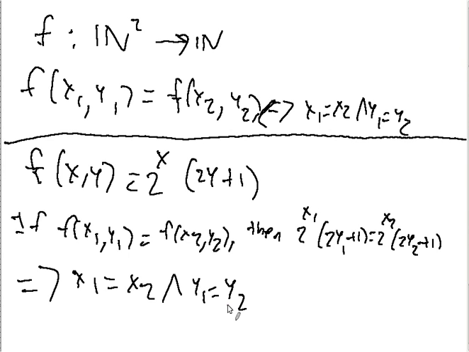How could we turn that into a bijection whose range was the natural numbers rather than the positive integers? Well, we can take advantage of our bijection between positive integers and natural numbers. The most natural such bijection is just to shift everything down by 1.